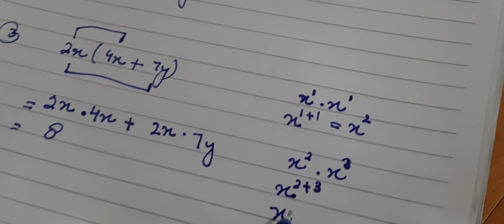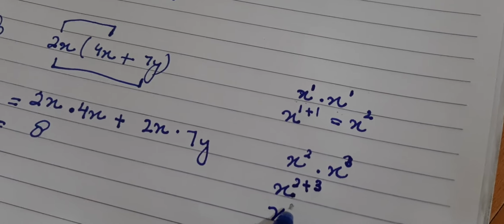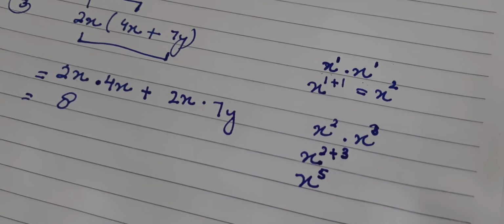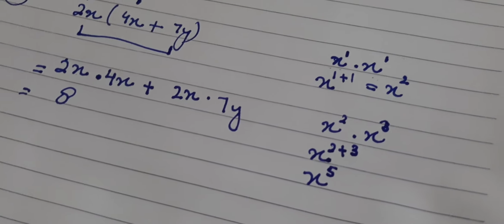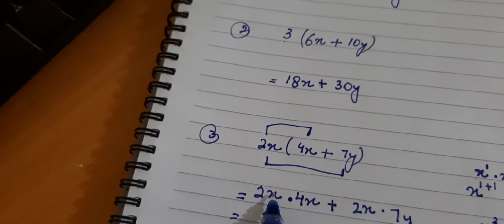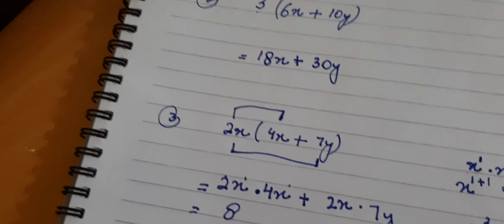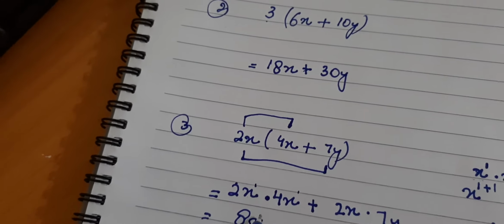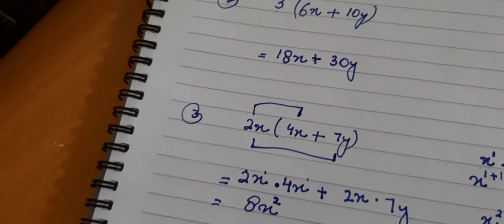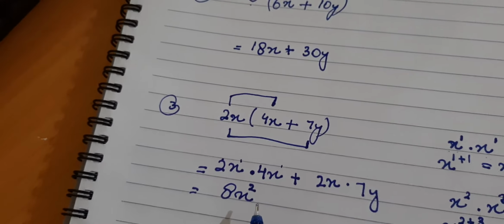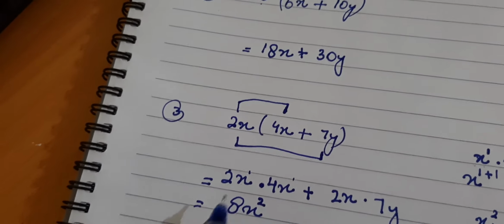So x has the power of 5. Alright? So now since we have x multiplying with x, the power over both the x's is 1. So we will write x once and we will increase its power over here.